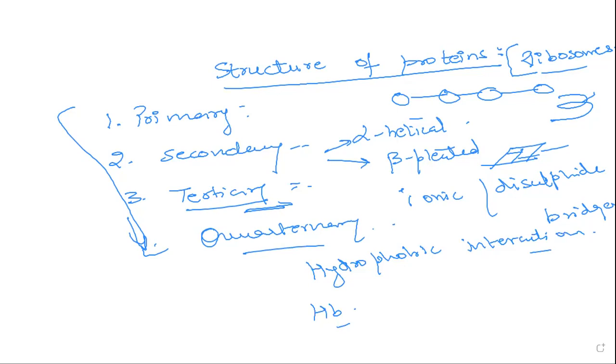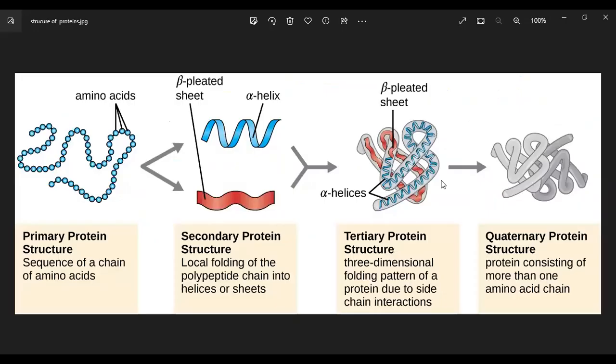Now, if we have to get a better image of this, let's see it here. We have the primary protein structure. So if you can see here, it is the linear chain. So this is the kind of structure that is found in the ribosomes. So once the ribosomes are done with protein formation, it will further undergo translation, and in translation the secondary protein structure will undergo some local foldings because of the presence of hydrogen bonds.